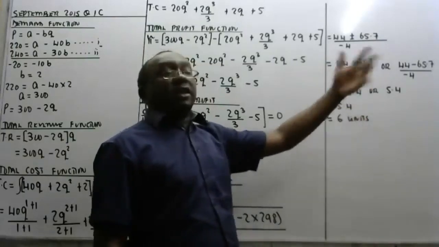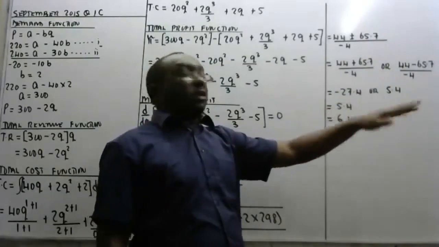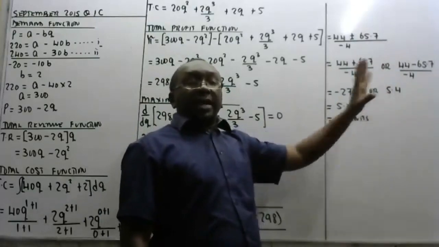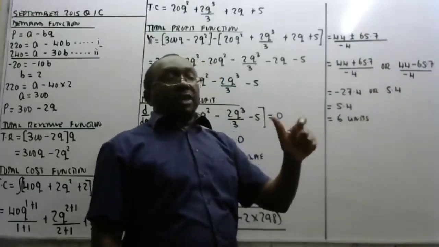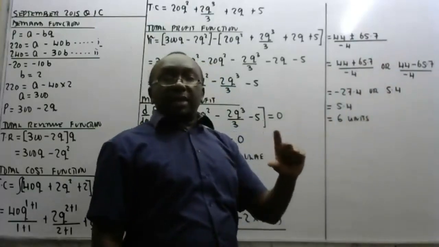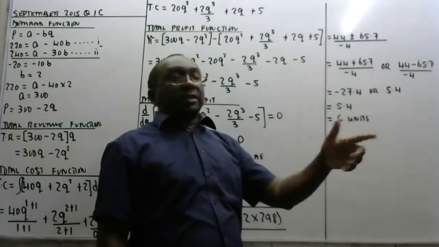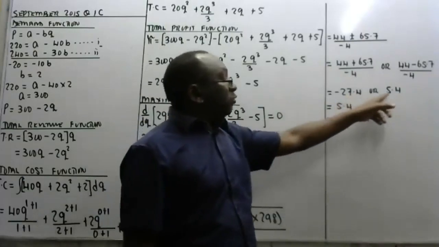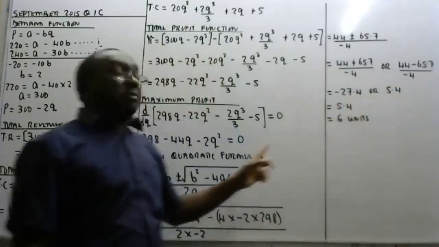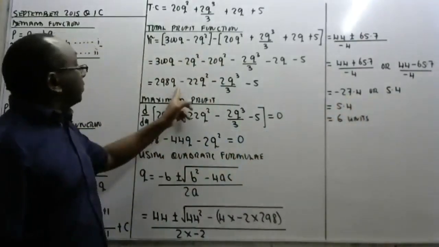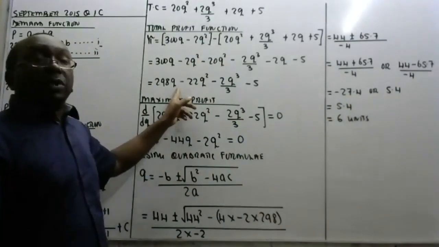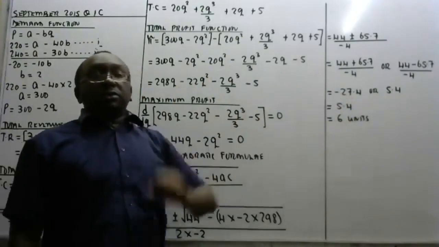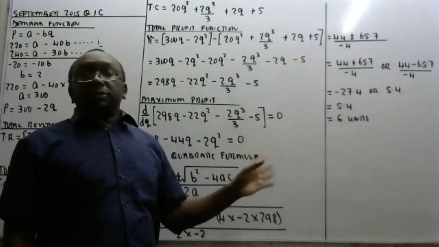When I have 27 units, I will have more profits than when I have 5 units? The surest way to avoid the dynamics of economies and diseconomies of scale, I don't want to get into that, is you take these 2 values and substitute them in the profit function. So you work with the result. That will tell you which one is giving you the maximum results.